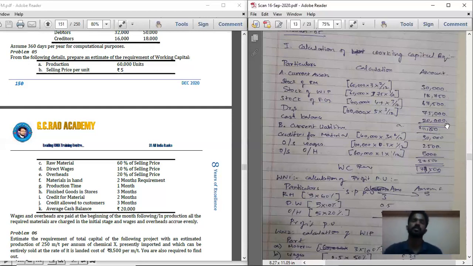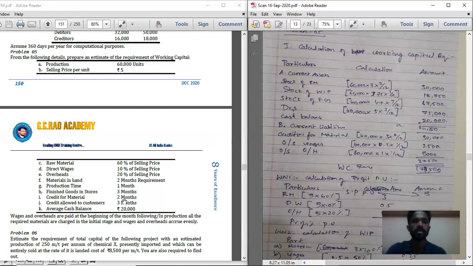Now below that, put capital B, current liabilities. In current liabilities, put creditors for raw material. How much is the period allowed by the suppliers?